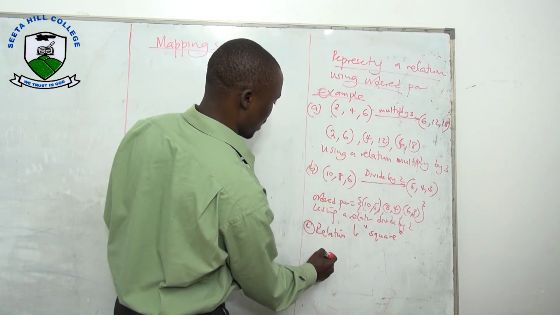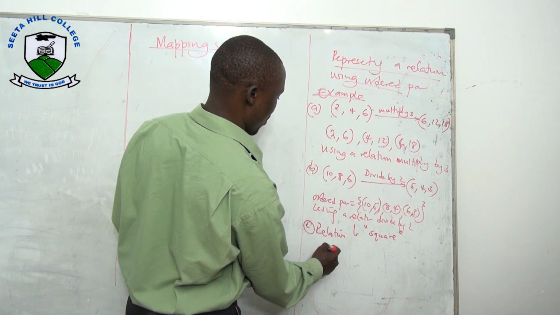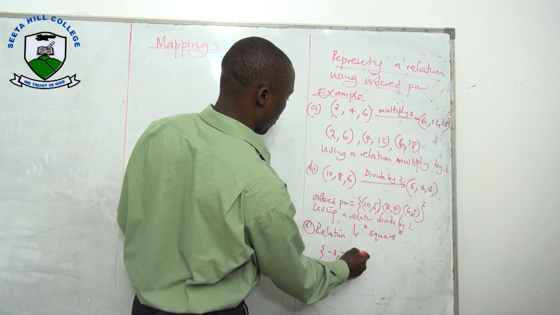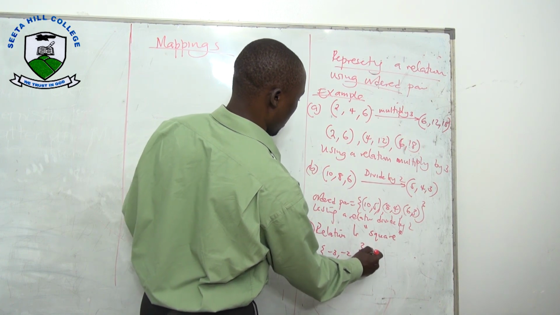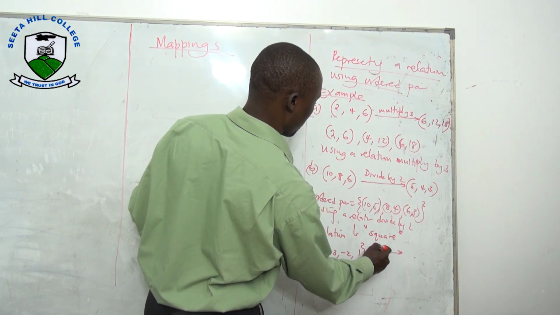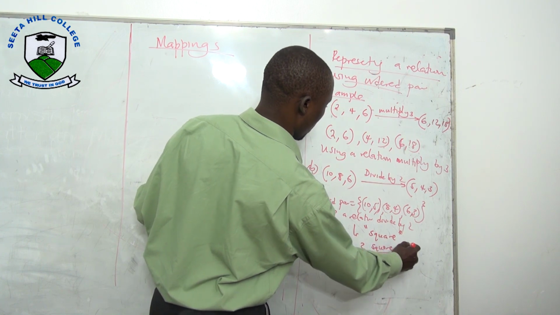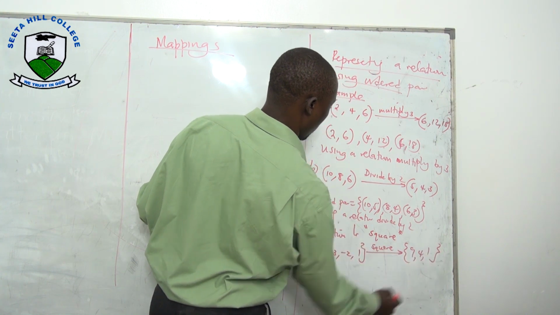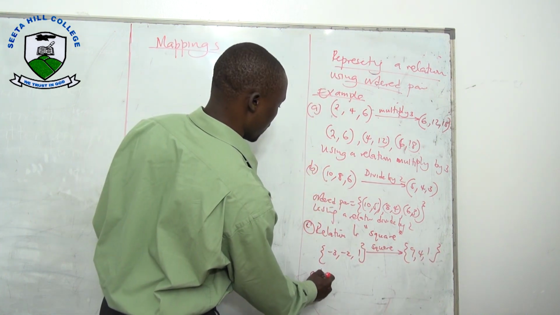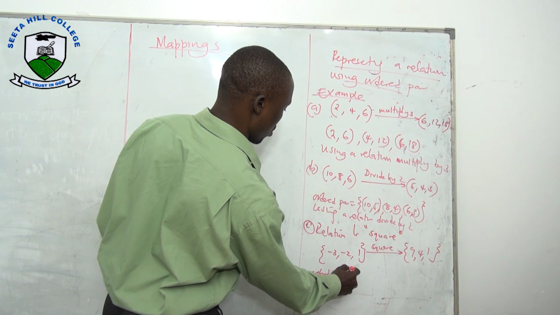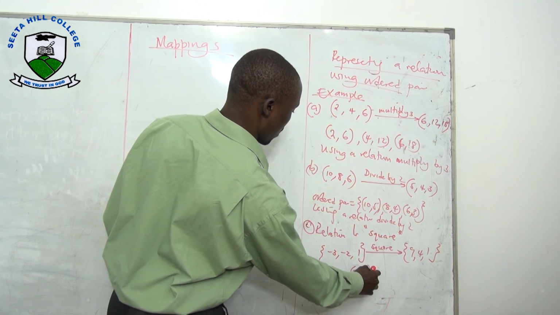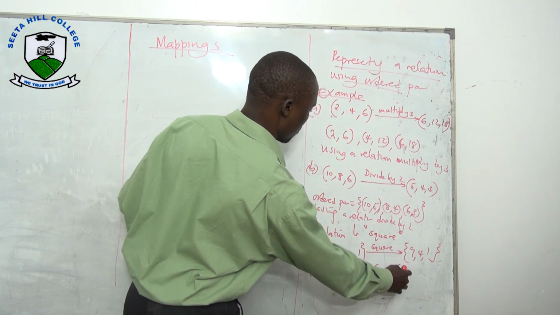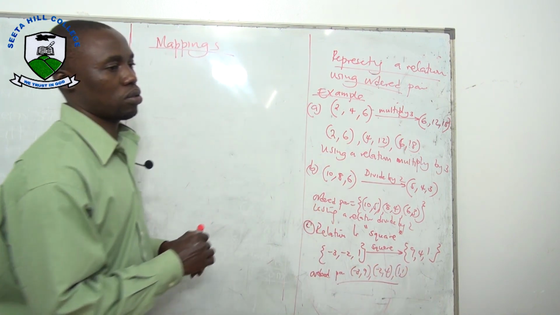That means you have this set called negative 3, negative 2, and 1. Square them, you get 9, 4, 1. Ordered pairs: negative 3 and 9, negative 2 and 4, and 1, 1.